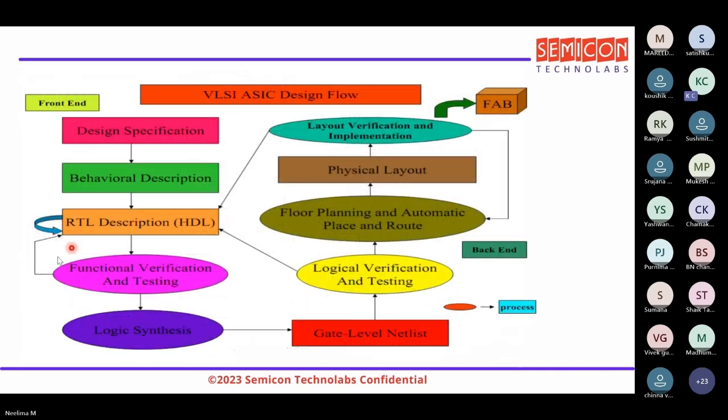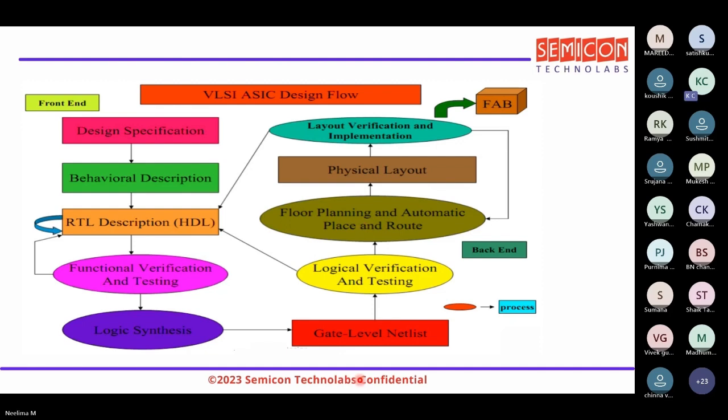Now this is another image where we show what is front end and what is back end. From the VLSI ASIC flow, the front end covers design specification, behavioral description, RTL description in HDL, which can be either VHDL or Verilog, then functional verification and testing, and logic synthesis. These are all the front-end steps.